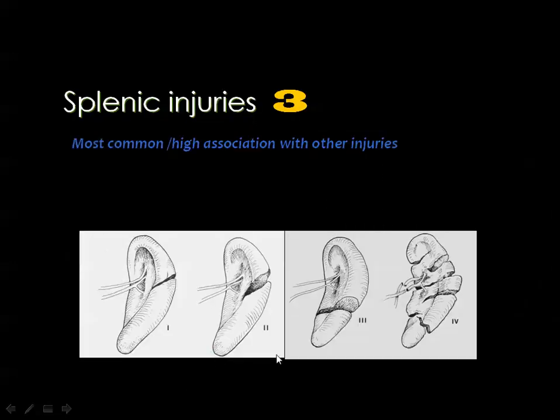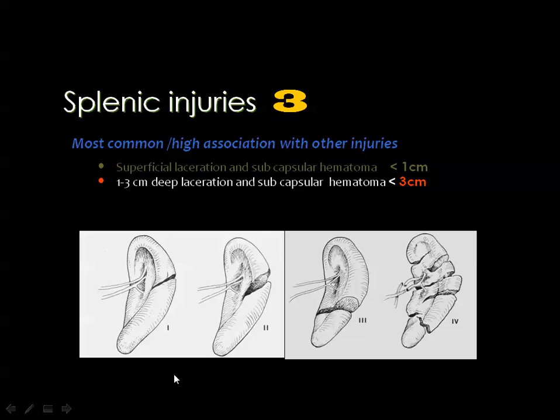And you remember also that the splenic injuries are intimately related to the number 3. Superficial lacerations and subcapsular hematoma less than 1 centimeter is indicative of stage 1 injury or grade 1 injury. When the laceration is from 1 to 3 centimeters deep with subcapsular hematoma less than 3 centimeters, this is stage 2.